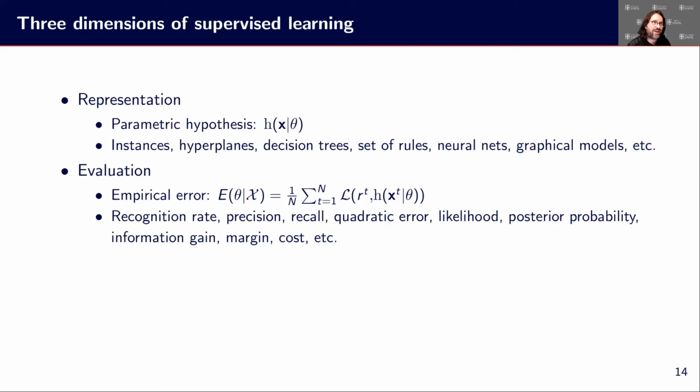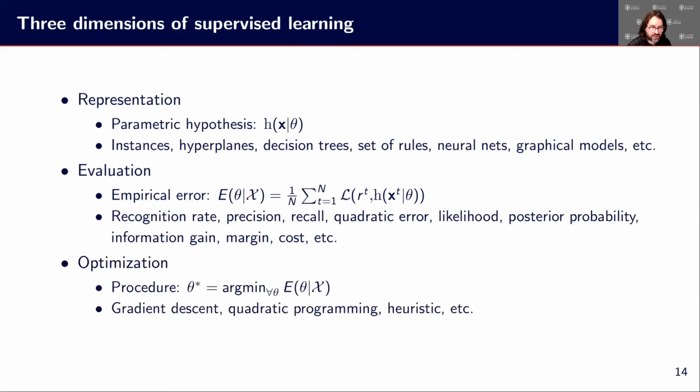And these should be usable with the optimization procedure. Often the 3 things are designed to work well together. So we tend to use an evaluation function that is fit for the optimization, that is also good to optimize over the model, the representation we are using.